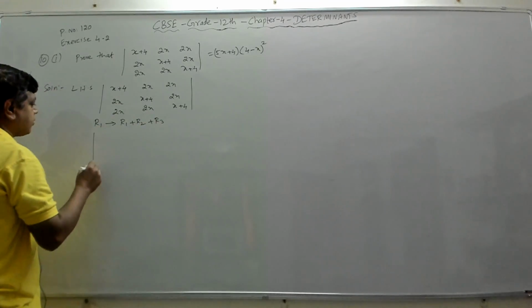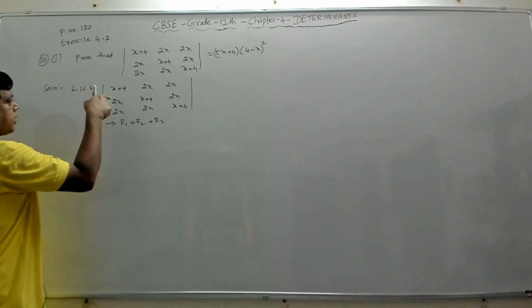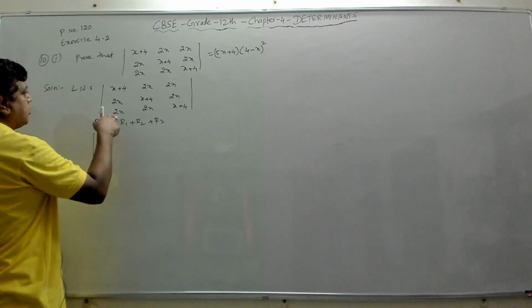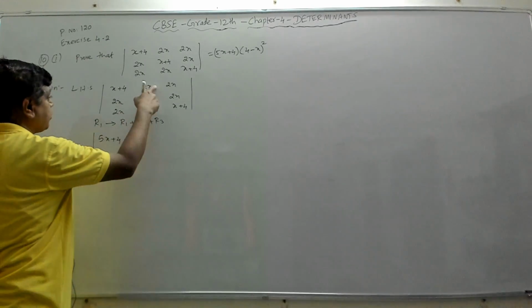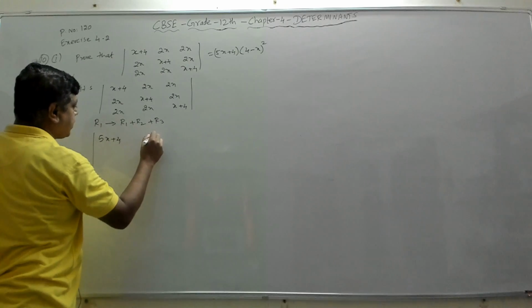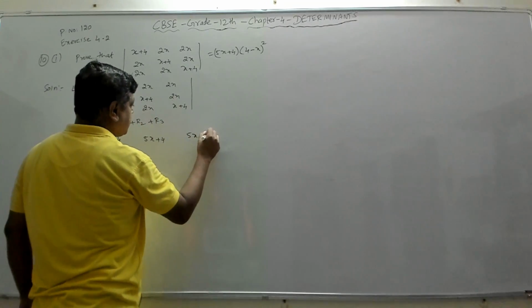So if you apply this, your row 1 will become x plus 4 plus 2x plus 2x, which gives you 5x plus 4. Similarly, 2x plus x plus 4 plus 2x gives 5x plus 4, and here also it is 5x plus 4.